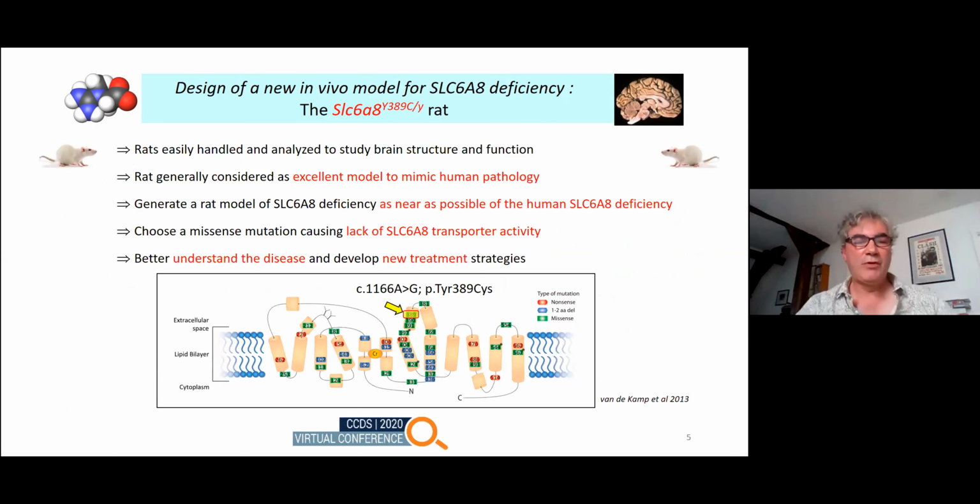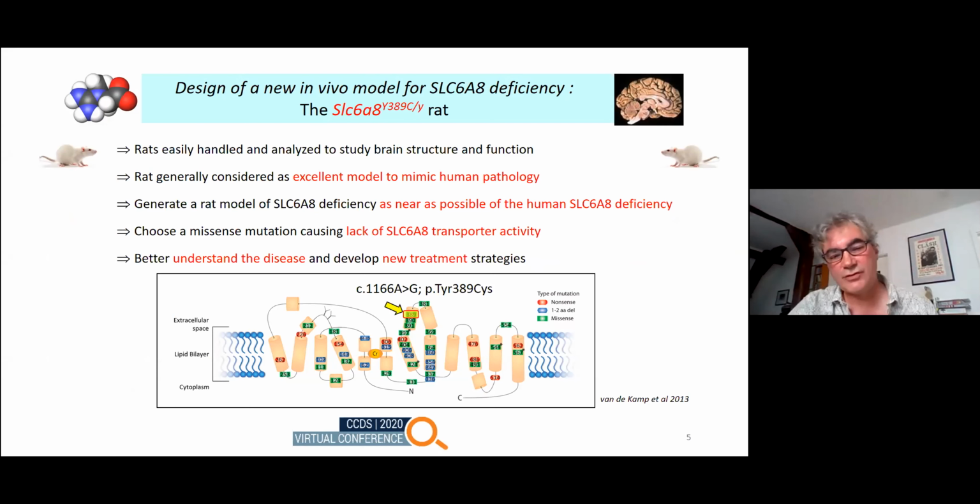In our group, we have worked on the rat for many, many years, especially on the brain. So we decided to generate a new creatine transporter deficient rat, taking advantage of the recent apparition of technologies like CRISPR-Cas9.